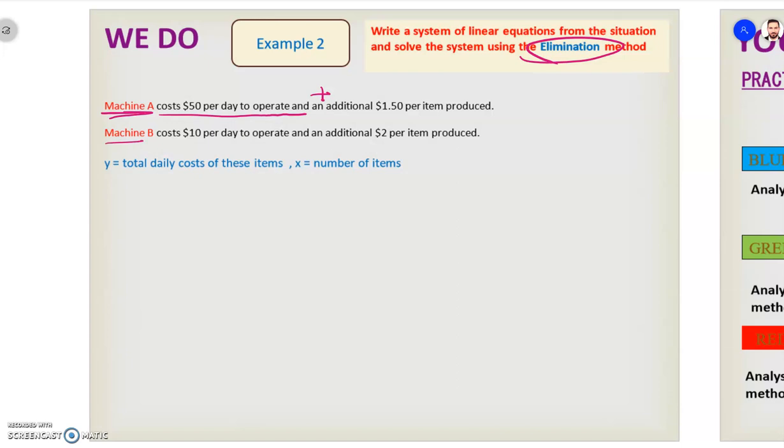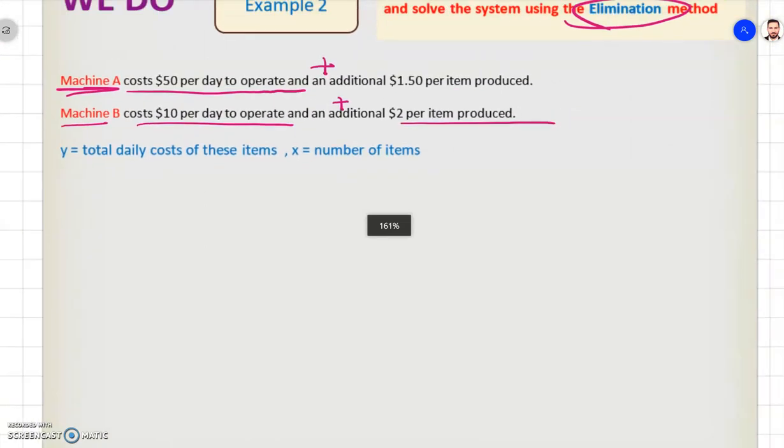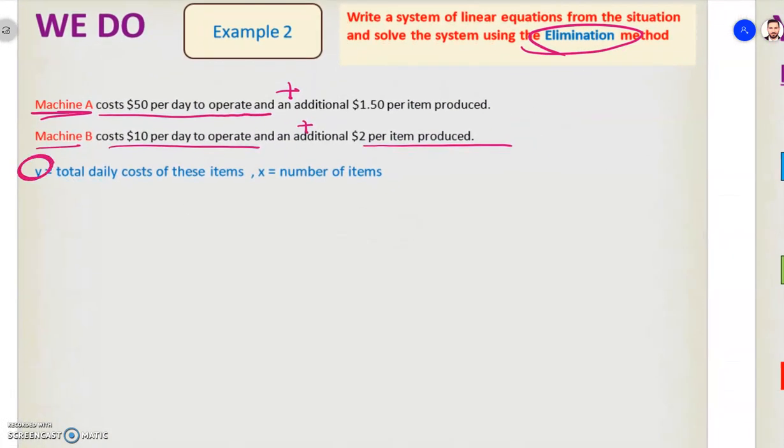Machine B costs 10 per day to operate and an additional fee of $2 per item to produce. We are going to use y as the total daily cost and x as the number of items.